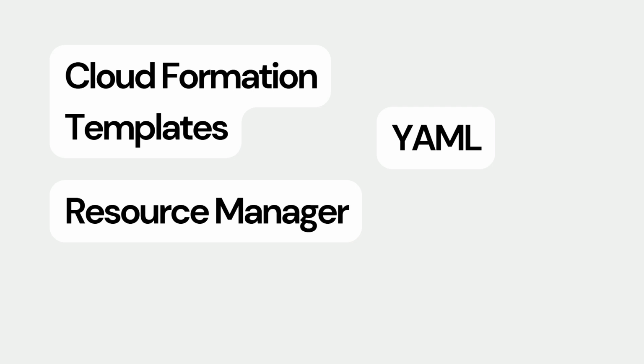But on Azure, you can use Azure Resource Manager to trigger these things. Okay, fine. And at last we have Terraform. What exactly is Terraform? The things which we have discussed previously can be done in Terraform, and it is not platform dependent.